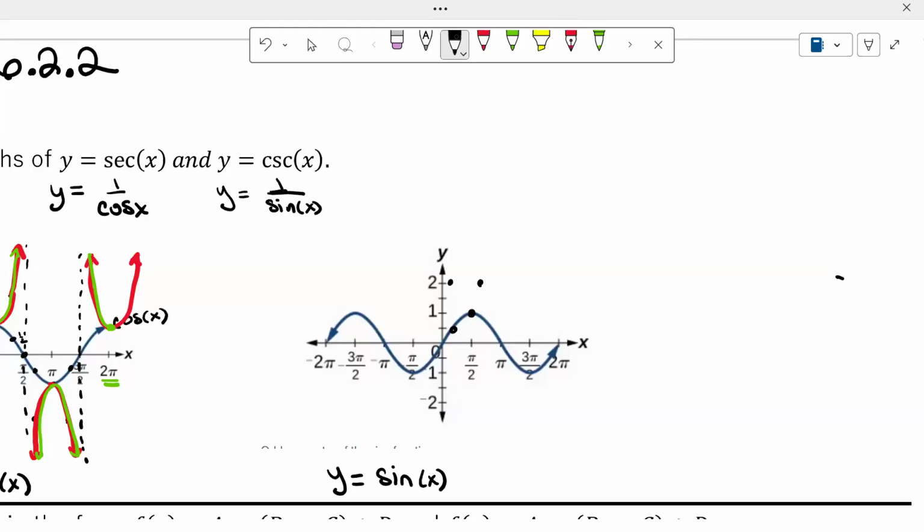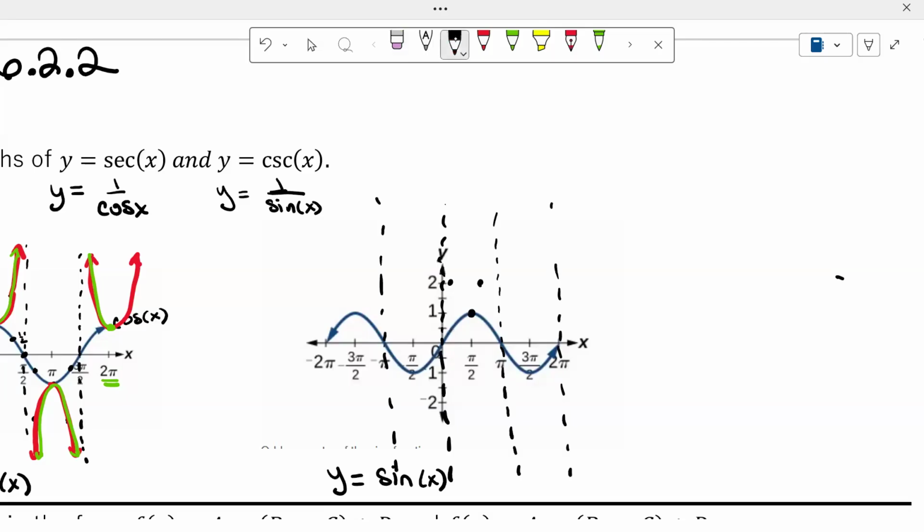When the sine's value is 0, the cosecant's value is undefined. And that happens there, and there, and there. We could keep going, and there, right? So, there we go.